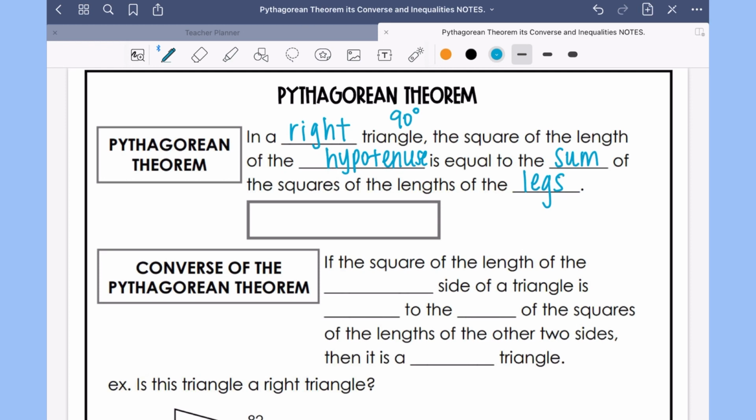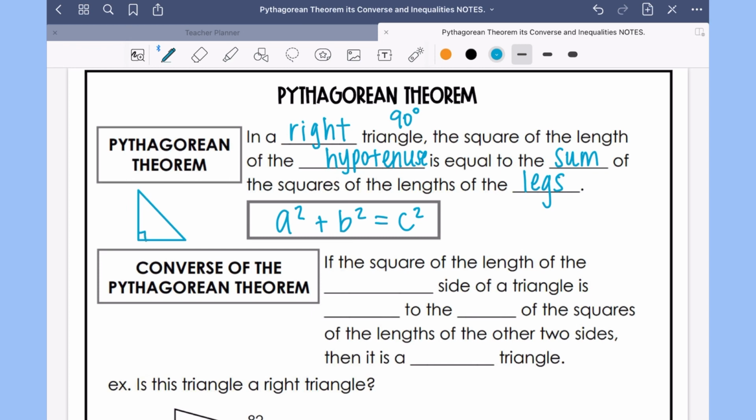Okay, so this is the formula: a squared plus b squared equals c squared. Now, if you're wondering what is the hypotenuse and what are the legs, you can draw a picture of a right triangle.